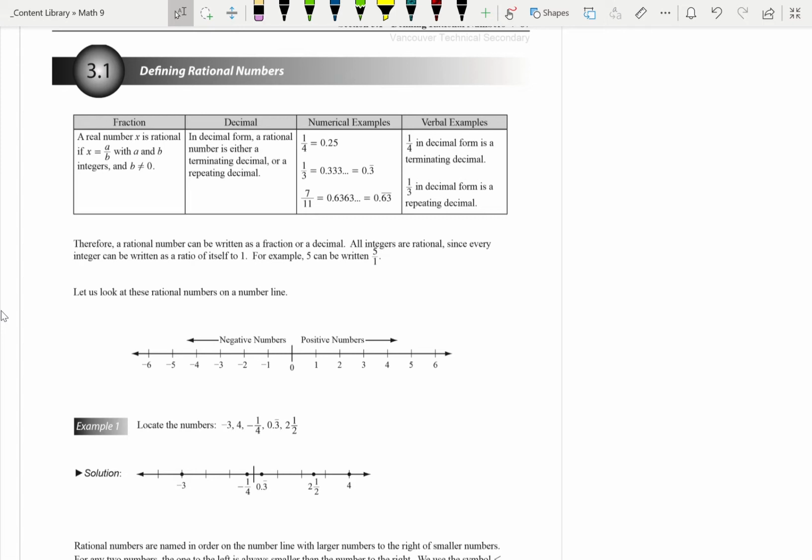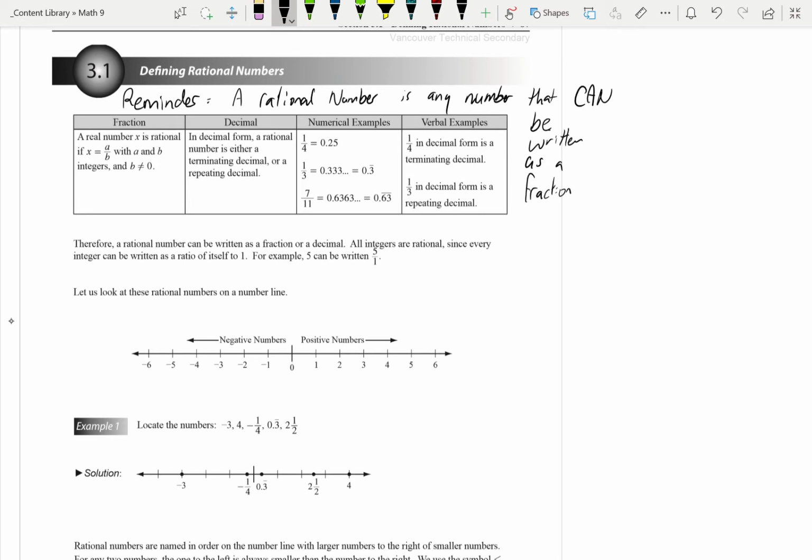So to give you a hint about what this chapter is all about, the whole chapter is called rational numbers. And if you remember our first lesson when we talked about different number systems, rational numbers was a set of numbers. So as a reminder about what a rational number is, a rational number is any number that can be written as a fraction.